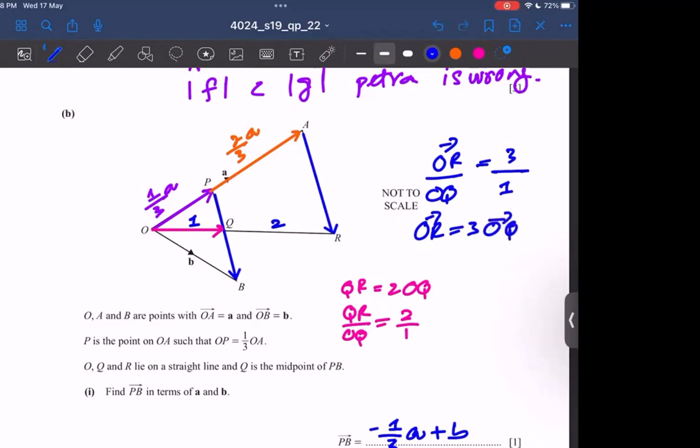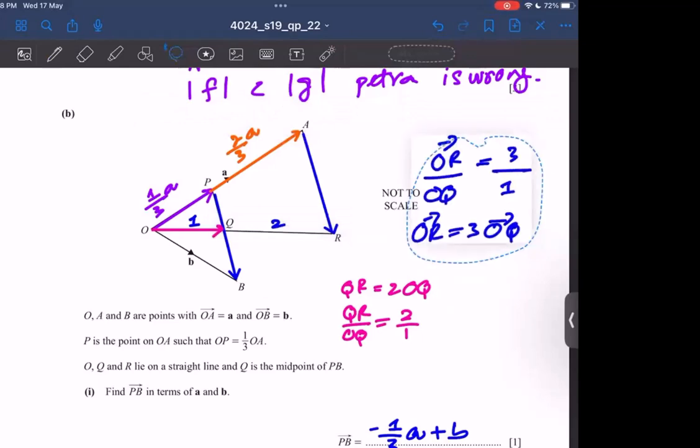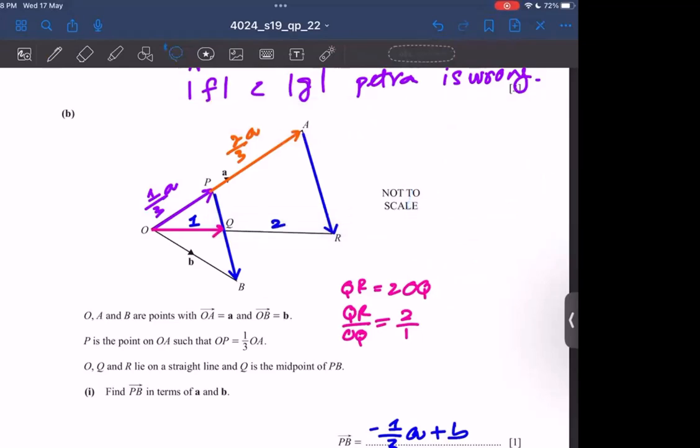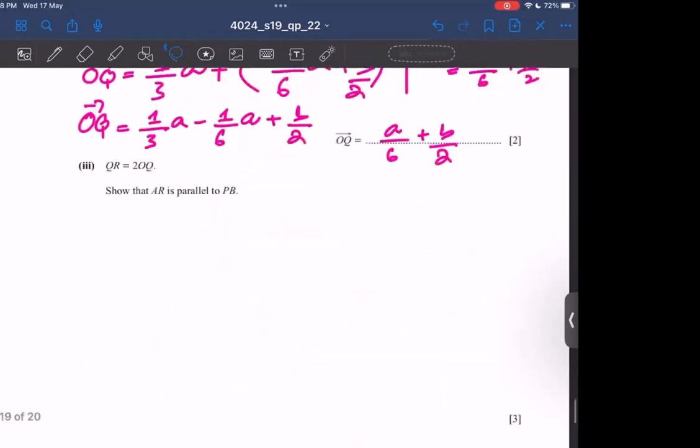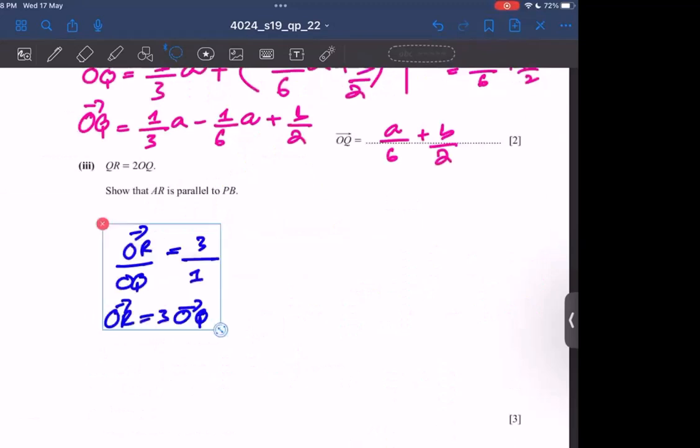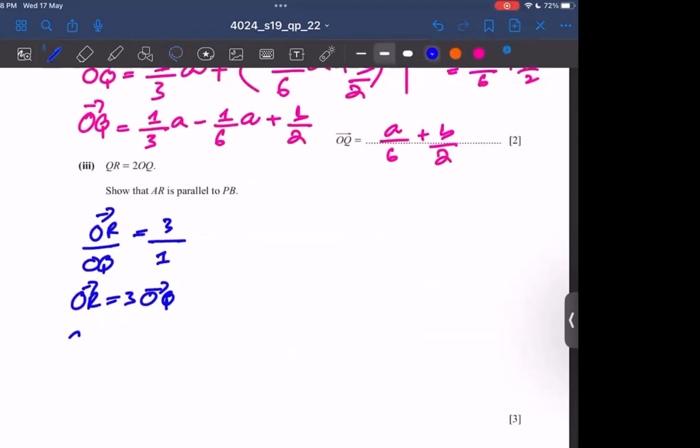So what is the OR vector? Let's just calculate this OR vector now. OR is 3 times OQ.